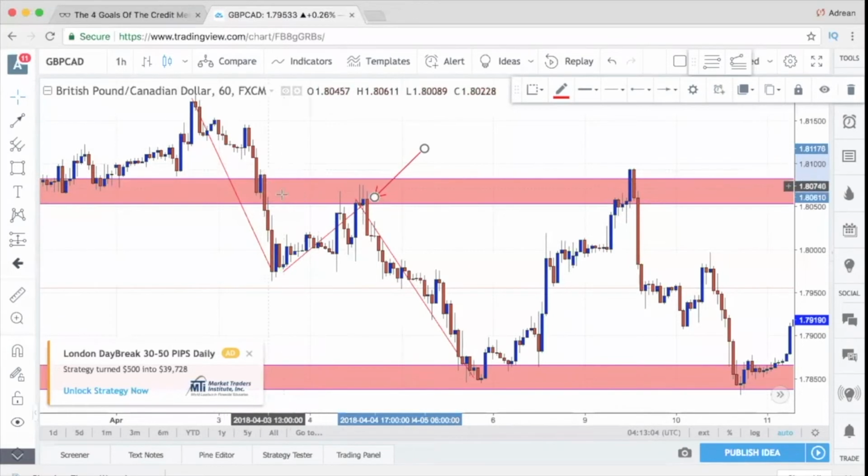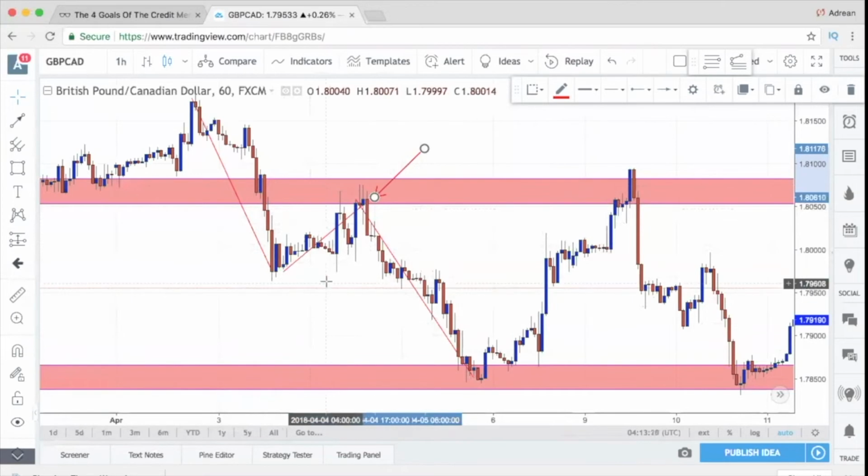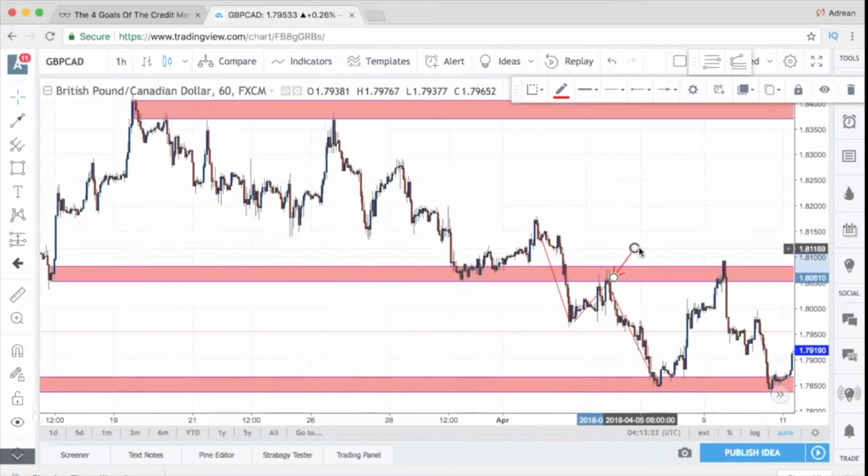What it was once demand, but now supply zone. You see the wicks, you see the engulfing candlestick in that direction. You already know that's a strong demand zone. You know that this market is not going to break that, and you know you could take the sell. All right. So that is what you look for on supply and demand.